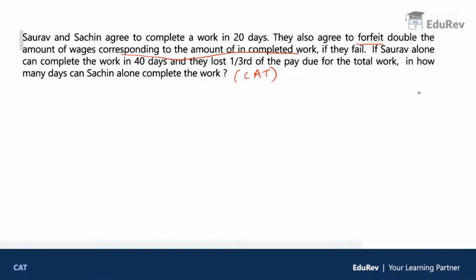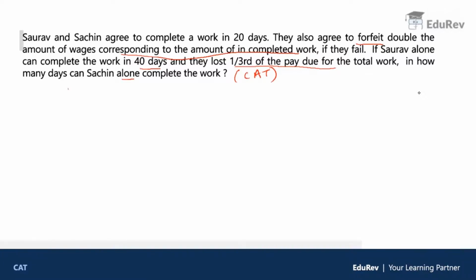If Saurav alone can complete the work in 40 days and they lost 1/3 of the pay due for total work, in how many days can Sachin alone complete the work?